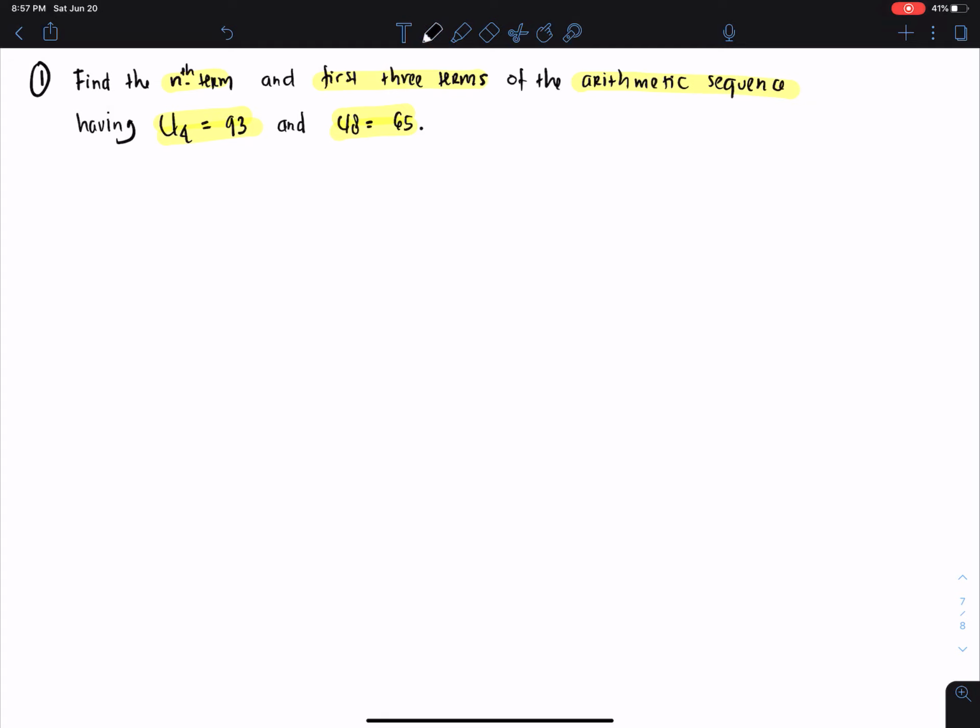So what we need to do is get the details from the given information. U4 is 93, while we know that U4 is U1 plus 3b. If you wonder where I get U1 plus 3b from, remember that Un is U1 plus (n minus 1) times b.